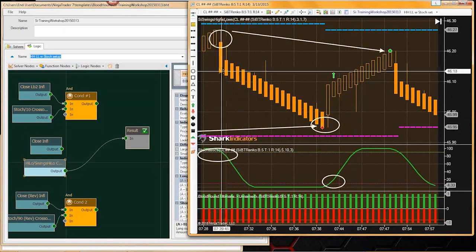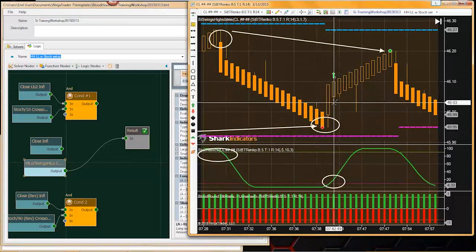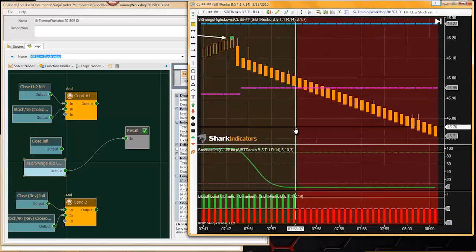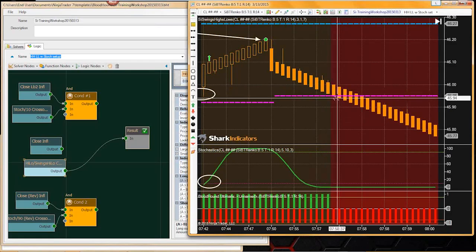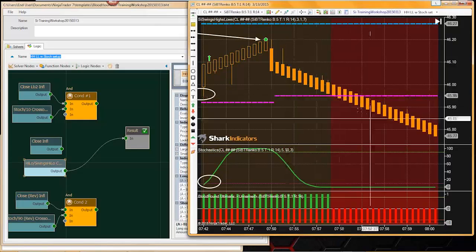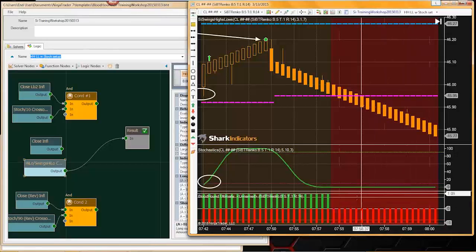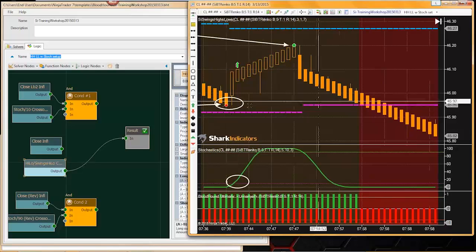And as we look at this, obviously the low price is higher than our indicator, pretty much everywhere, except here. We can see that the low of the bar, as soon as it crosses below that magenta plot line, our long output disappears, because price is no longer higher than the previous swing low point.